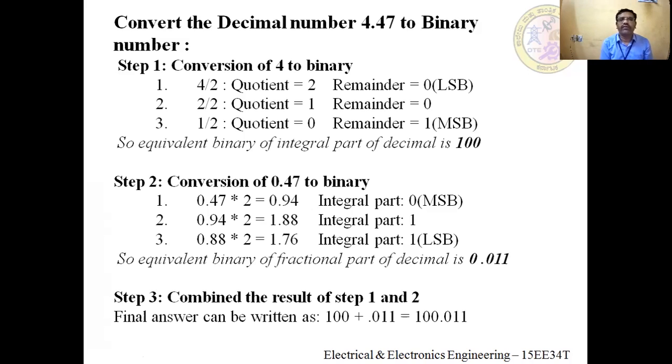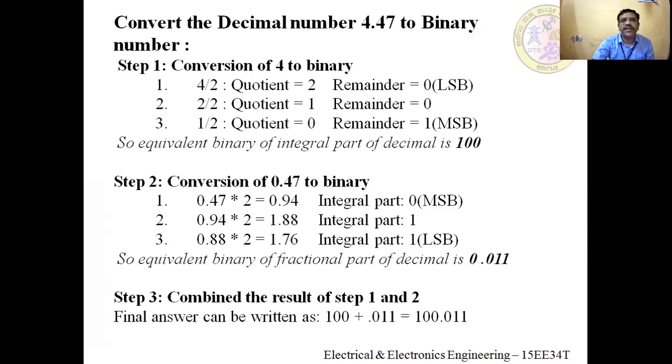So here we have to go for two steps. First, let us convert integer 4 to integer binary. Second step is convert 0.47 fractional decimal to fractional binary.